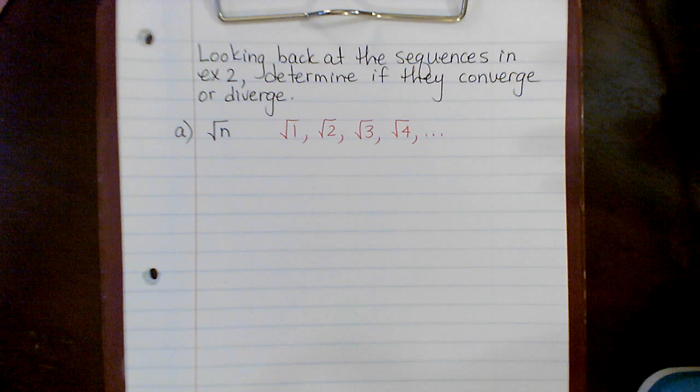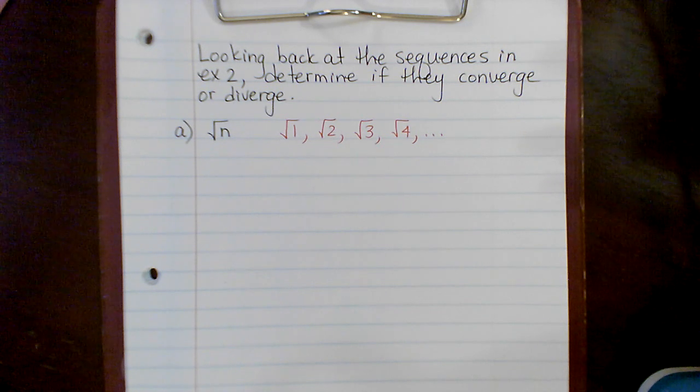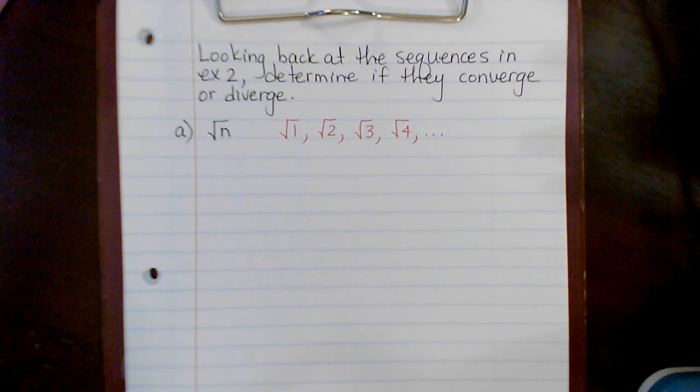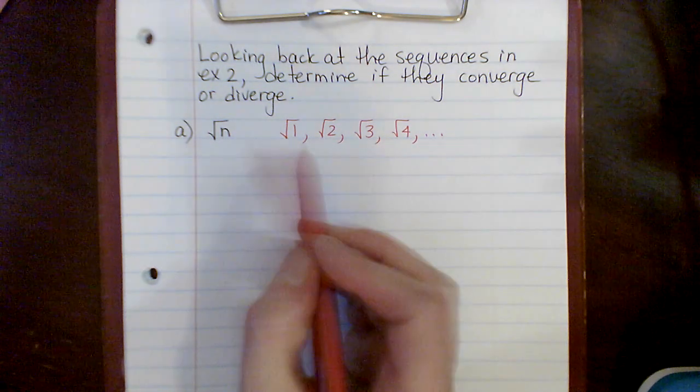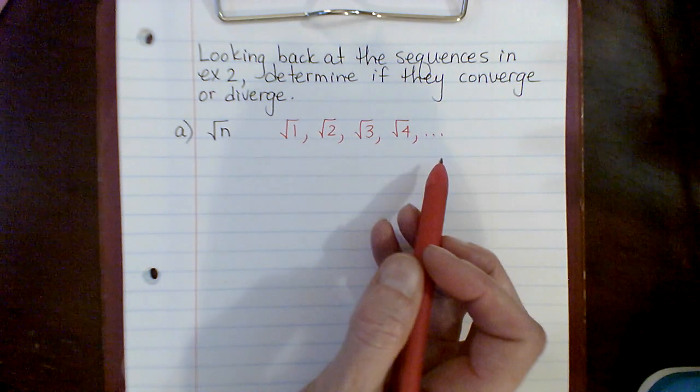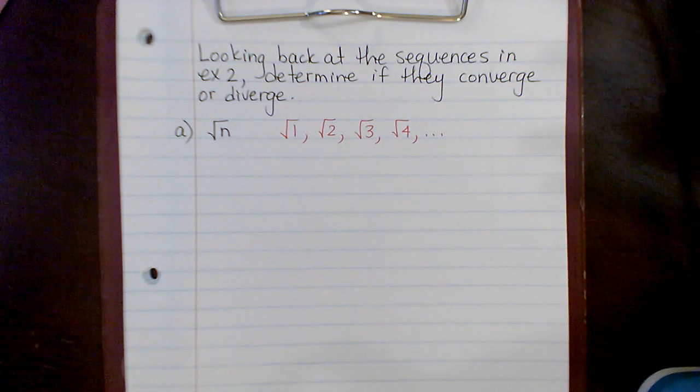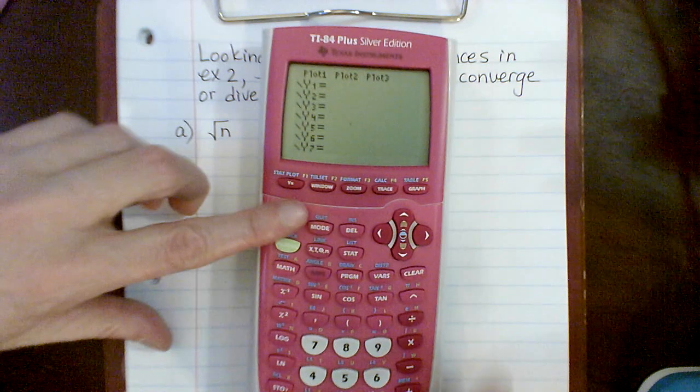Are they getting infinitely large without any kind of bound? Or are they getting infinitely small without any kind of bound? Well, one thing you can use to help you visualize this is the function, the square root of x. Even though it's a continuous function that has all those in-between values, and this is just a sequence of discrete points, we can still use that square root of x as a guide.